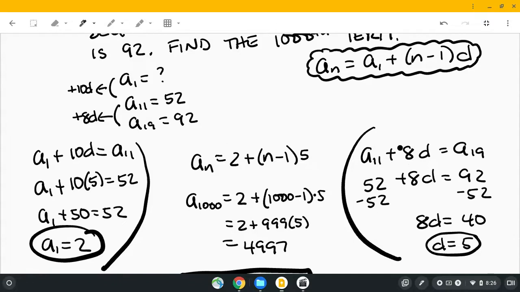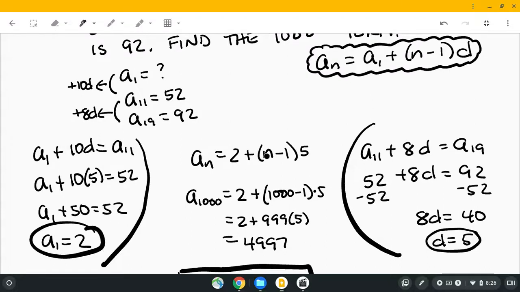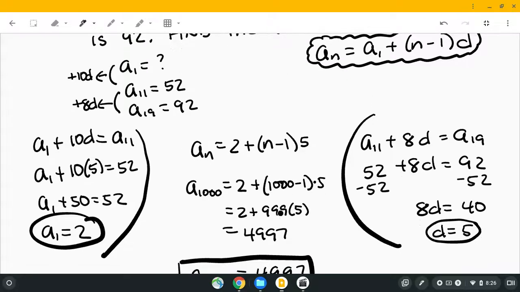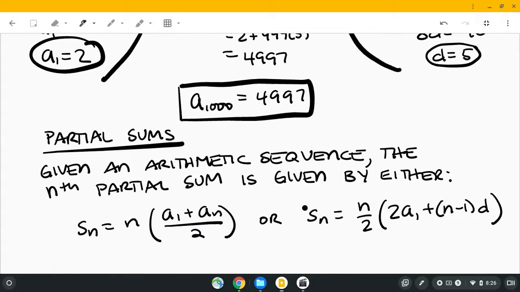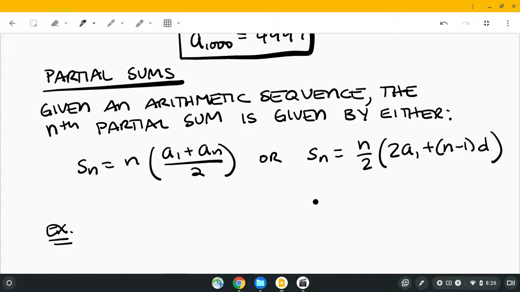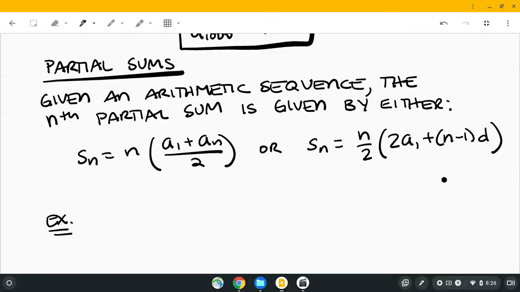So then I write out an equation for that: a11 add d 8 times to get to the 19th term, and I solve for d. To go from the first term to the 11th term, I have to add d 10 times, and I'll get that 11th term. I solve for a1. And then you can derive your an formula and get the 1000th term.